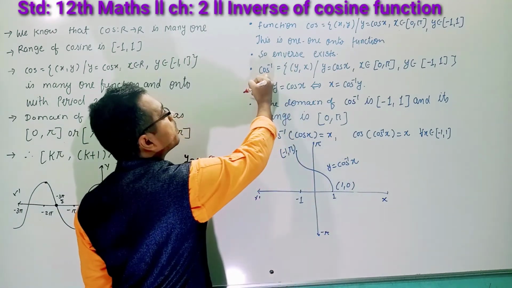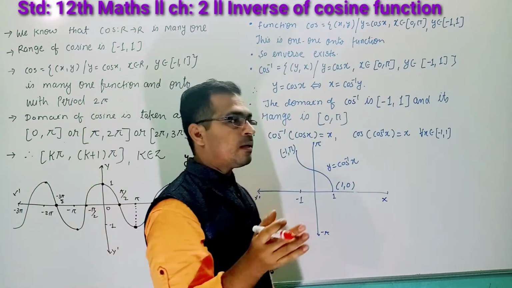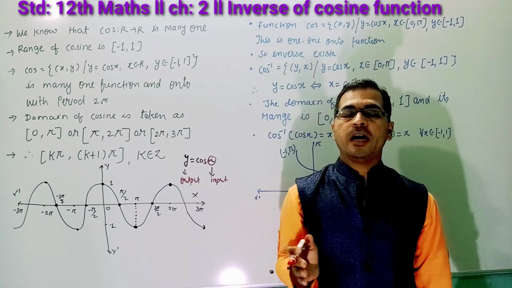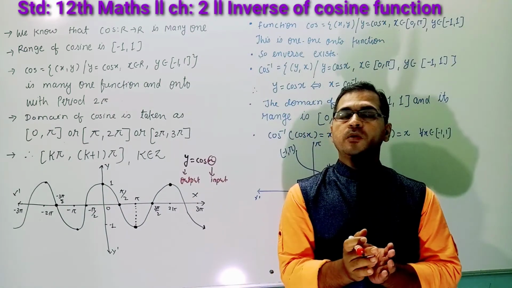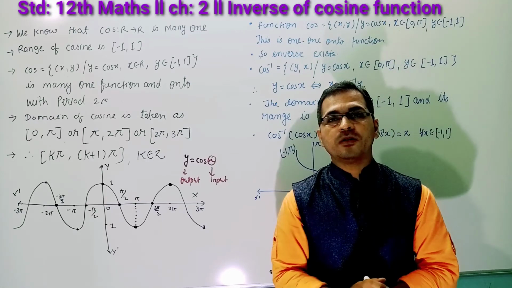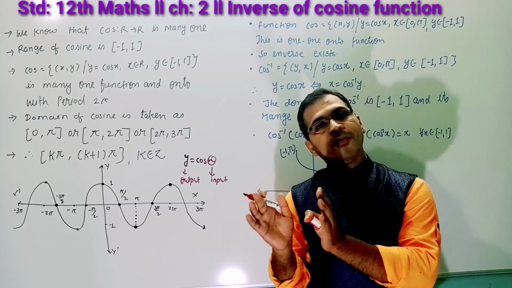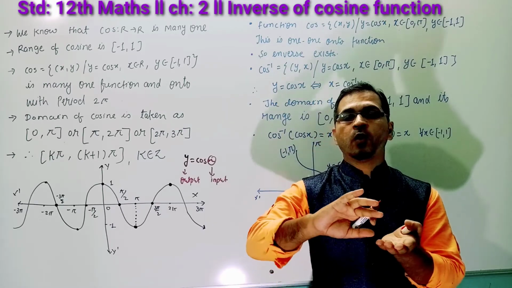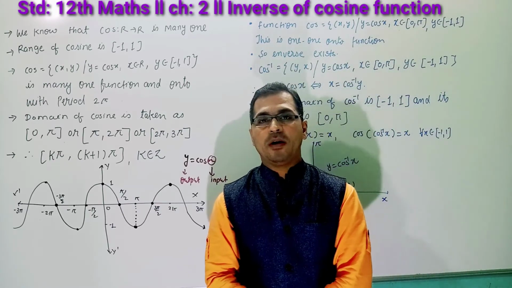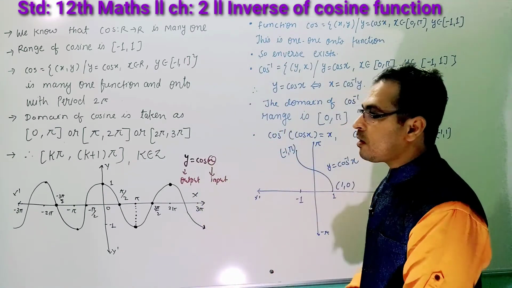So we know that whenever a function has an inverse, if you want to find the inverse of the function, the domain of that function will be converted into the codomain, and the codomain will be converted into the domain, right students?